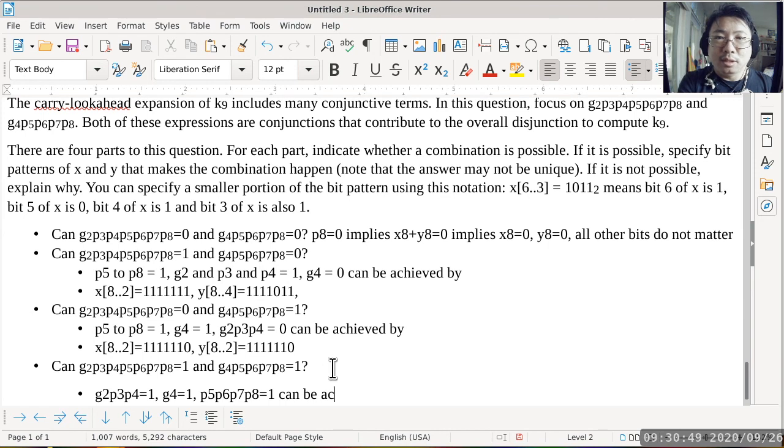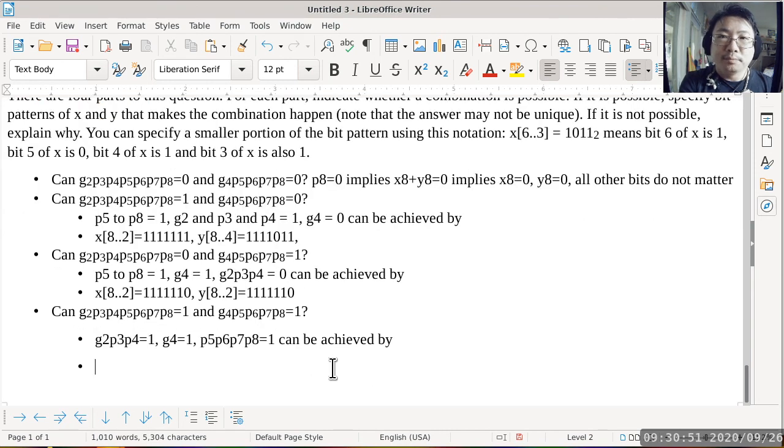This can be achieved by, let's just make everything a 1 in this case. So we have 7 bits to specify here: 1, 2, 3, 4, 5, 6, 7. And then the other one is the same, y 8 down to 2. It's also 1, 2, 3, 4, 5, 6, 7.